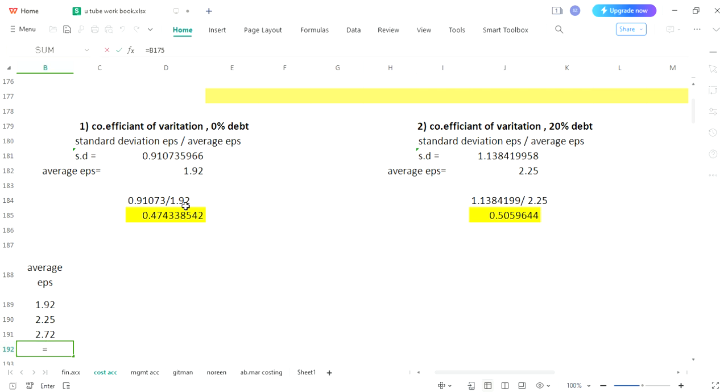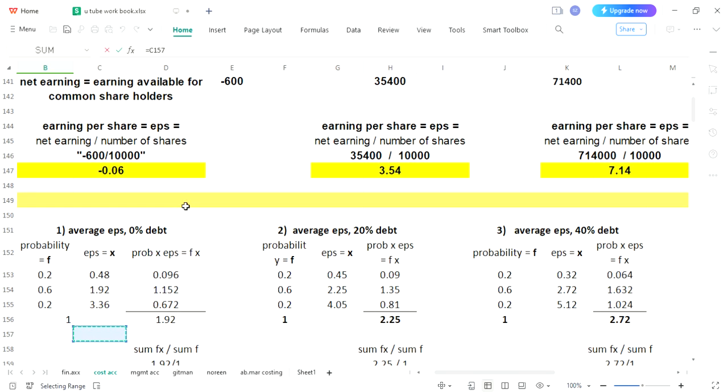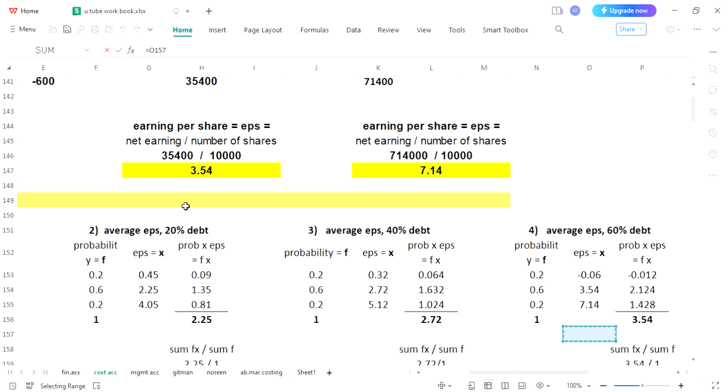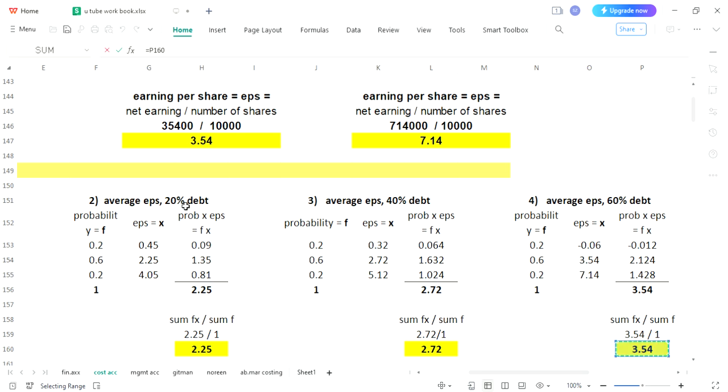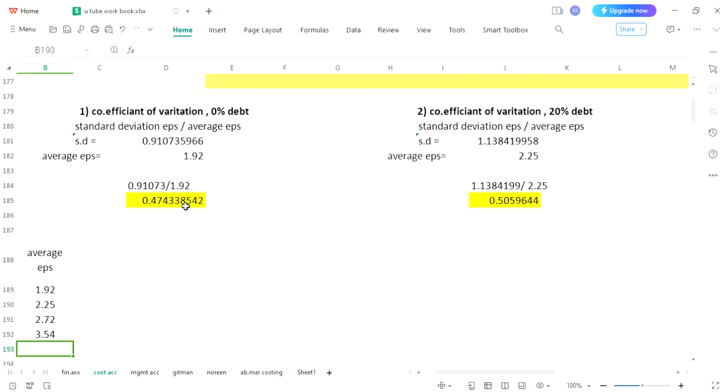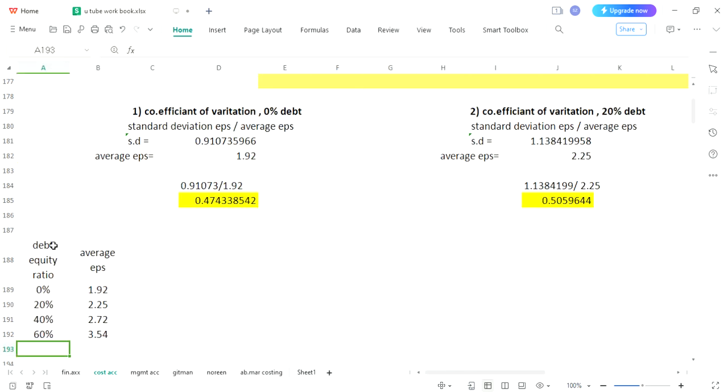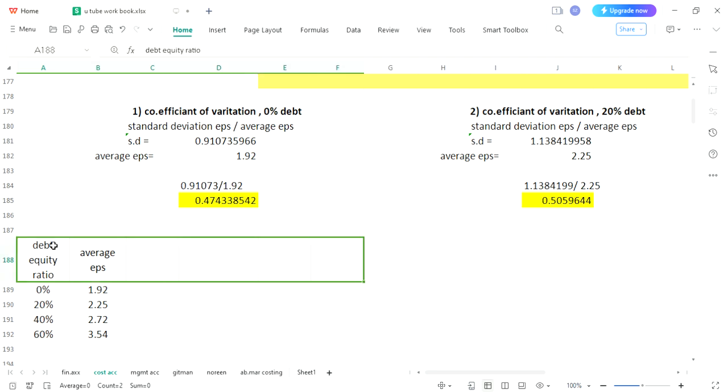And for the fourth, this was your fourth EPS and the answer was 3.54. So we have mentioned debt equity ratio and how much EPS was calculated.